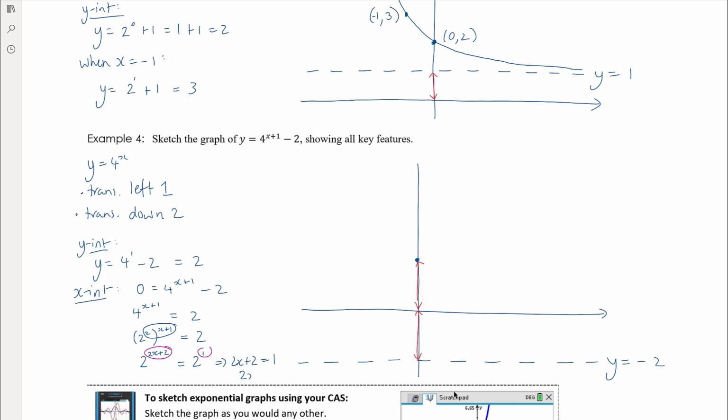And from there, 2x equals -1, so x equals -1/2. So then we want to draw in our exponential graph. We've got (0, 2) for our y-intercept, (-1/2, 0) for our x-intercept, and your asymptote.